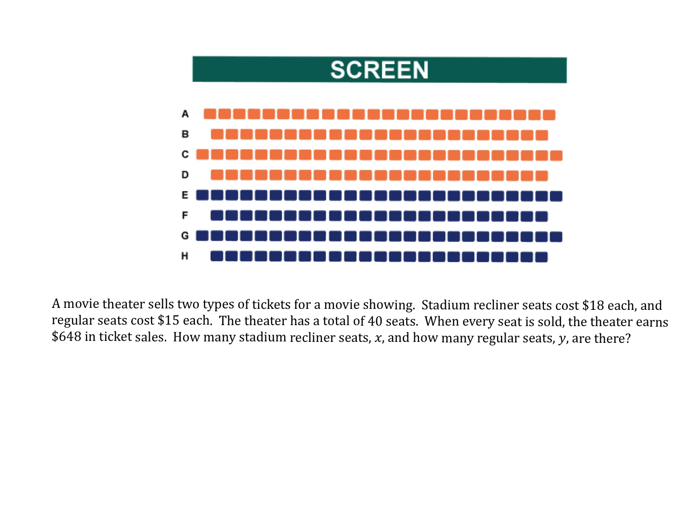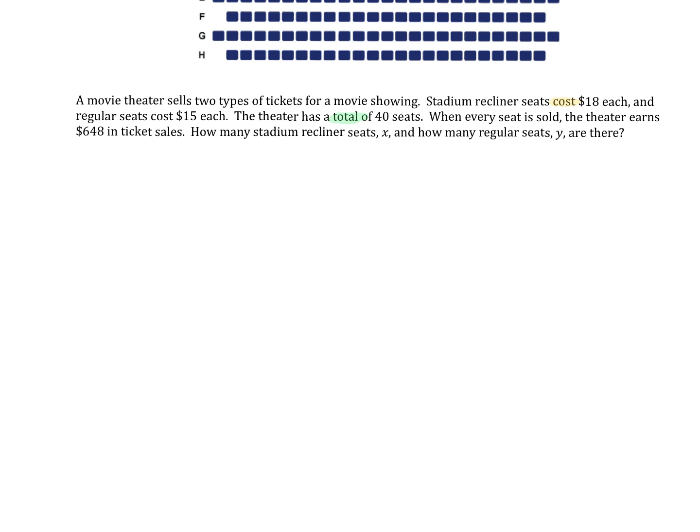One of the topics is cost. Another topic is the total number of seats. So one of our equations is going to have to do with cost, and one is going to have to do with the total number of seats.